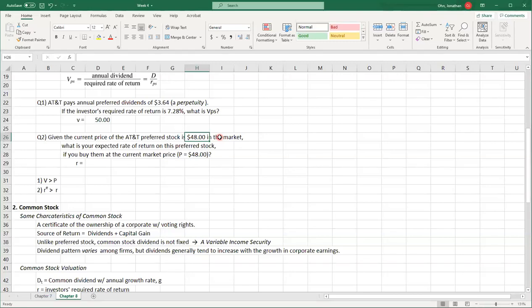This is attractive, so you would like to buy it. So first, we know that this is an attractive investment, a little bit attractive.